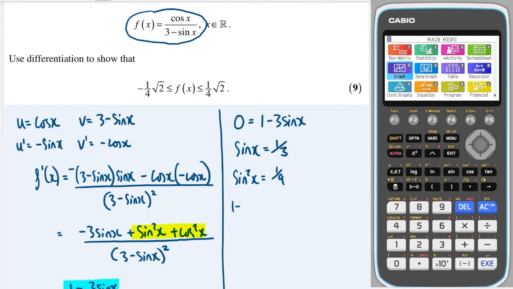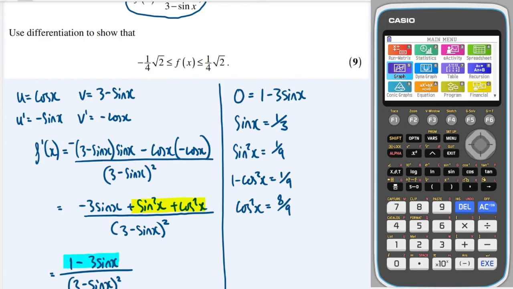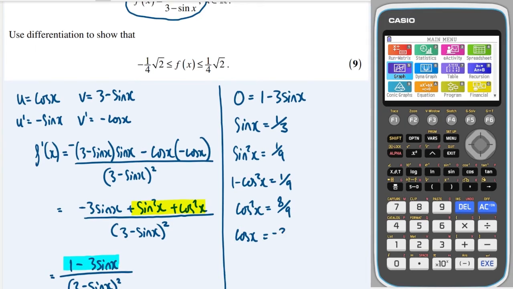And I know that this is equal to 1 minus cos squared x. So I know that cos squared x is therefore equal to 8 over 9, which gives me that cos x is equal to plus or minus 2 root 2 over 3.